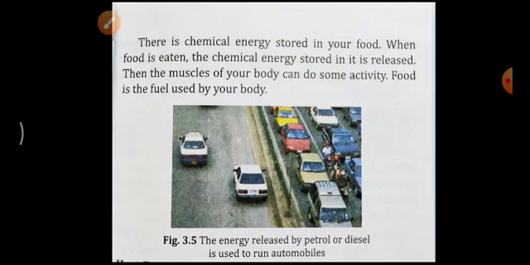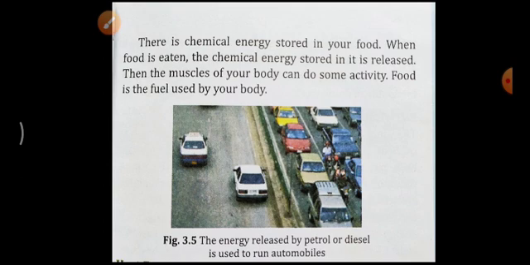There is chemical energy stored in our food also. One more very interesting thing: whatever we are eating, chemical energy is stored inside that food. When food is eaten, the chemical energy stored in it is released after digestion. Then the muscles of our body can do some activity, because we are getting energy from the food.